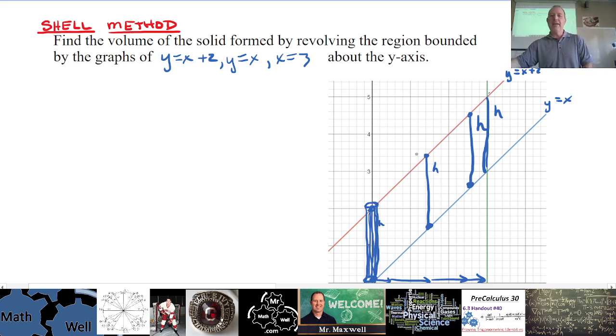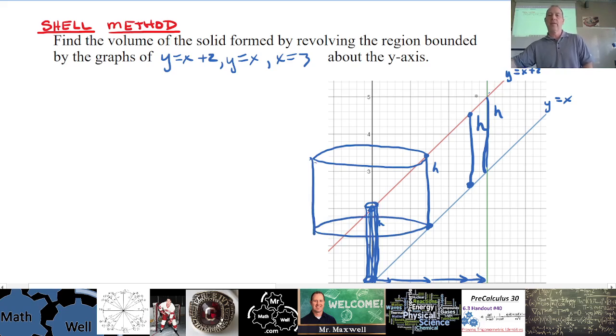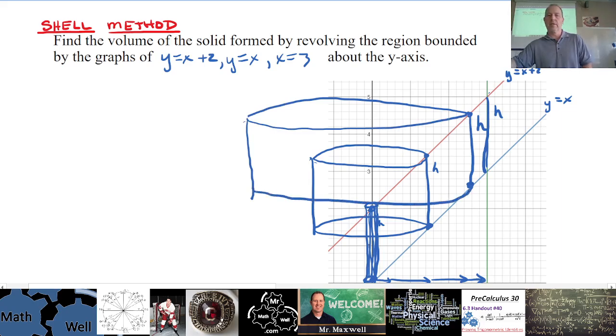Okay. The next one, if we link up with this line right here, would have a radius like this. And so again, we are drawing these cylinder shells, and I'm just going to draw a few of them. This one's going to go all the way out to here, let's say. I apologize for my really messy cylinders, but there's another one.